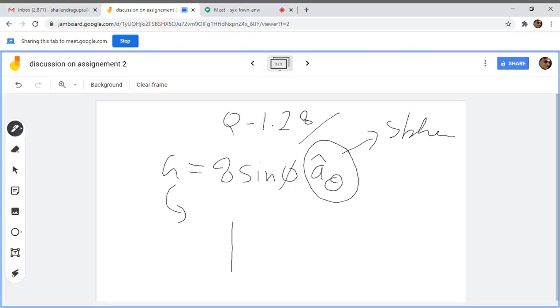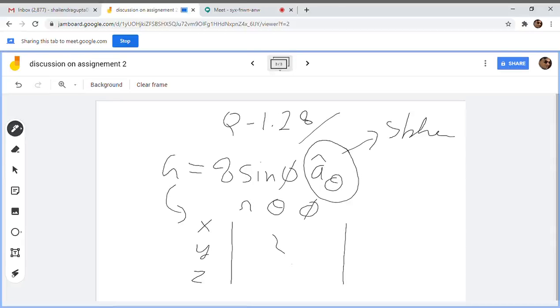You must have that matrix. This is x, y, z, and this is r, theta, phi. I'm not writing this matrix. Okay, this matrix you know already.